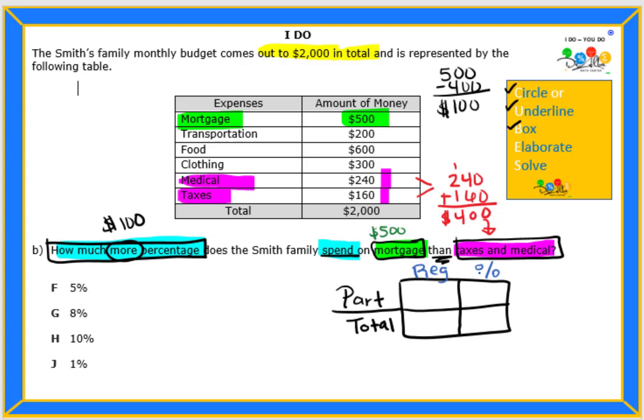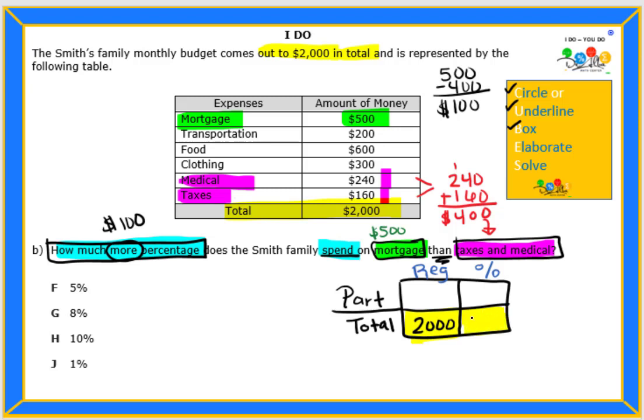So all of the information in the table is in dollar amounts. So it's all regular numbers. And what we have is our total of $2,000. So we can put that here. Now for percentage, we always know that the total is 100. So in a percentage, the total is 100.